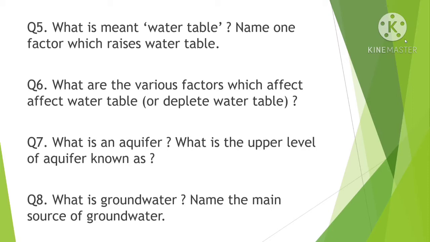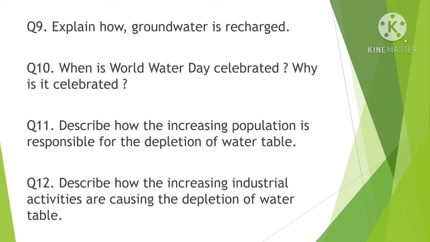Now our next question is, explain how groundwater is recharged. Now the main source of groundwater recharge is rain, and the water from the other sources such as rivers, ponds, lakes. It also seeps through the ground and it fills the empty space that is between the soil and the rocks.